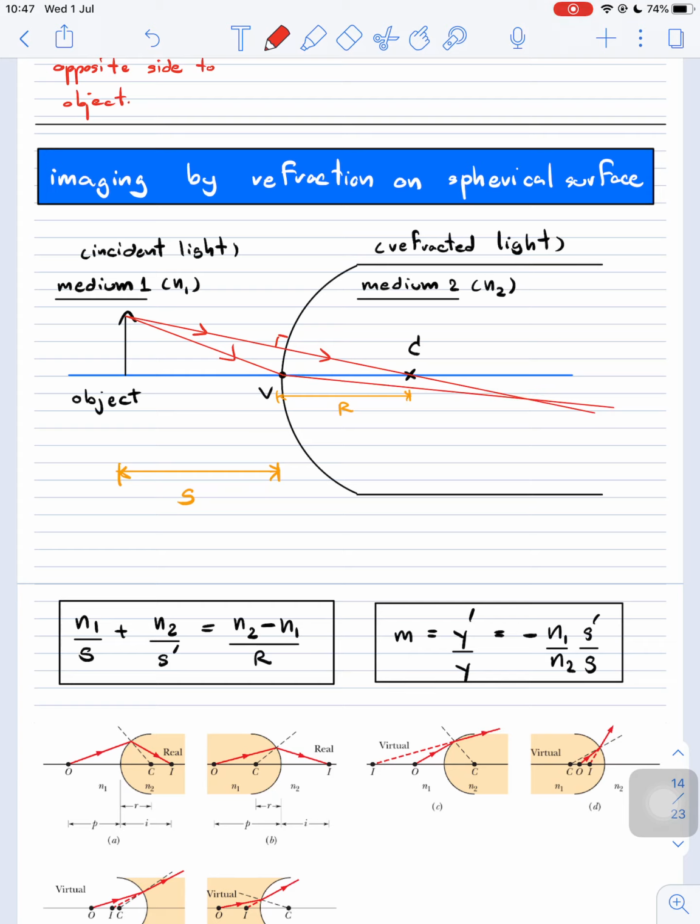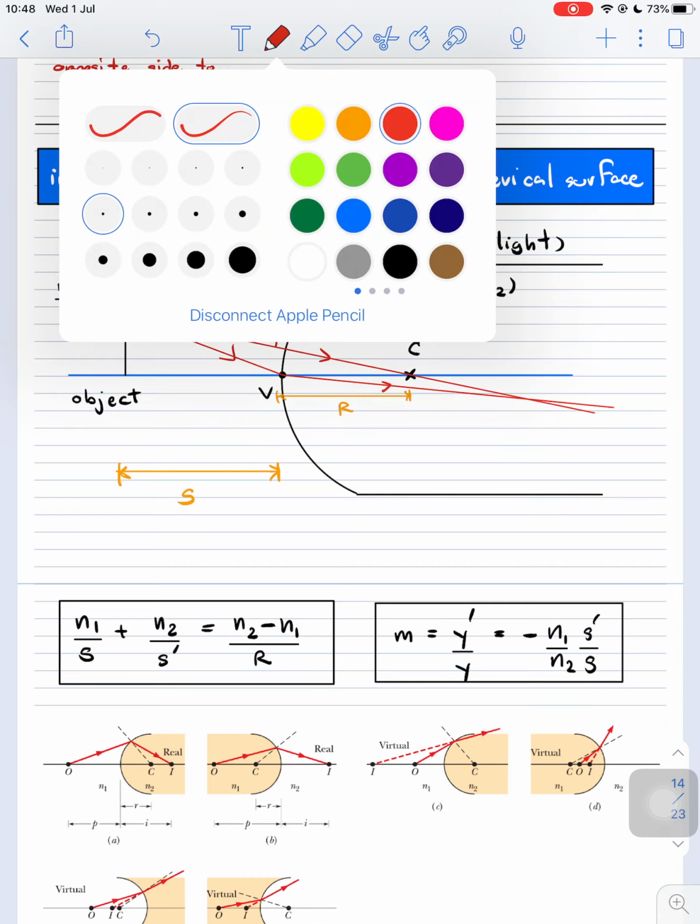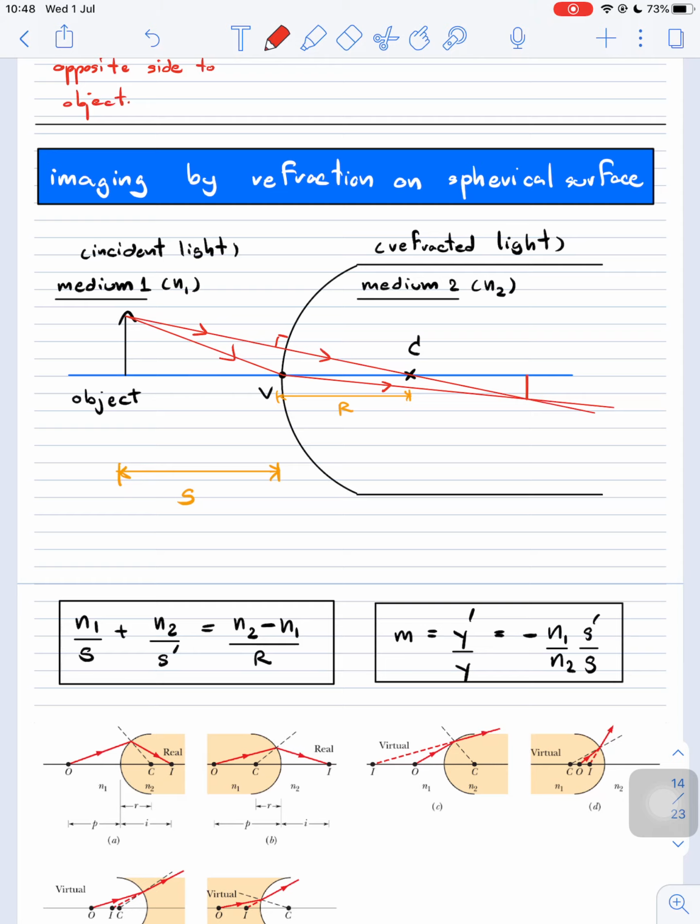If we know this angle and the refractive indices, we can solve for the refracted angle. Right now I am just drawing the arrows randomly, so this can be the refracted light. You can see that this forms the image here, so here we have the final image.